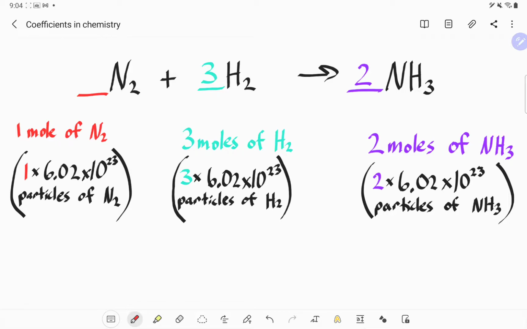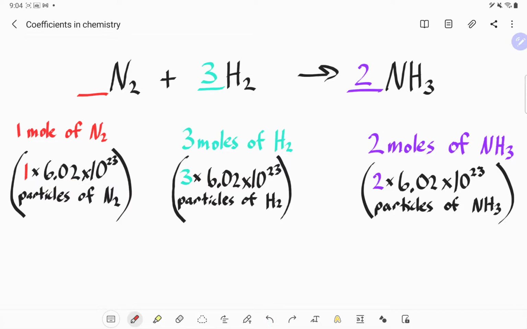It represents the number of that molecule in whatever descriptor of a number you want to use, whether it be just an individual number or a number which means 12 of it, or like a dozen, or a number which means 6.02 times 10 to the 23rd of it, which would be a mole.